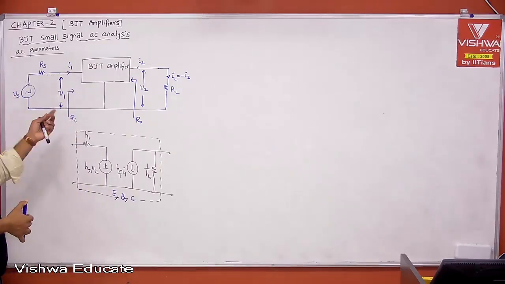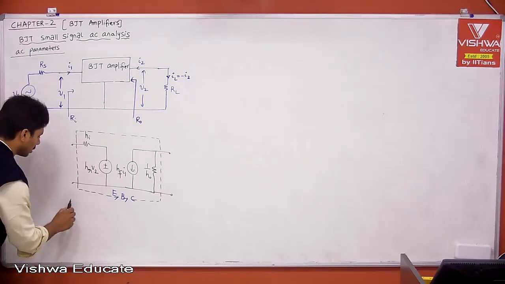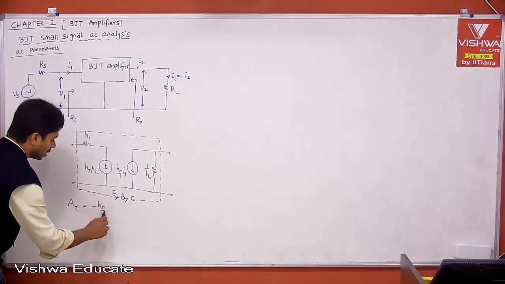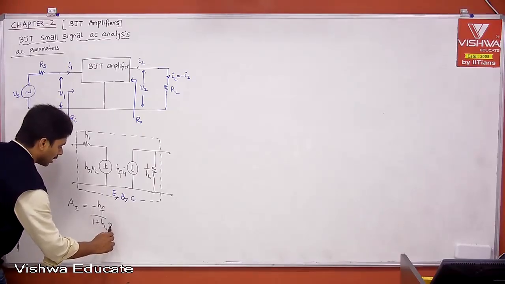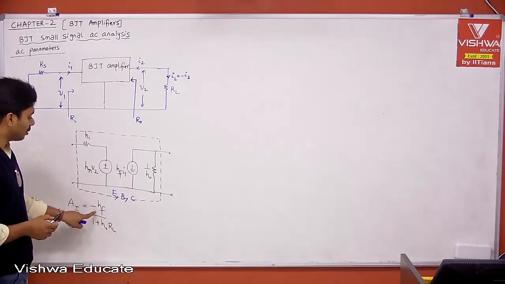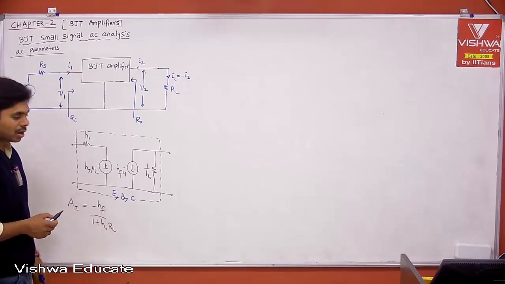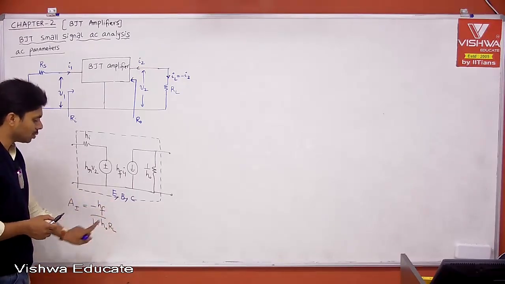Then whatever formula we derived, let us say current gain, the generic formula is minus HF divided by 1 plus HO into RL. If this is common emitter configuration, it becomes minus HFE divided by 1 plus HOE into RL. If it is common collector, minus HFC divided by 1 plus HOC into RL.